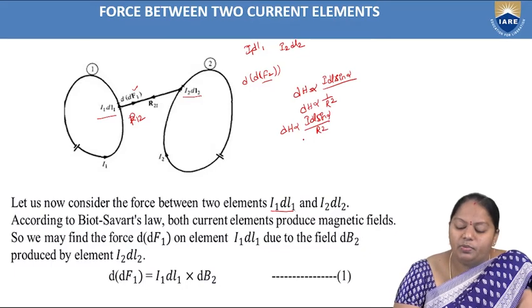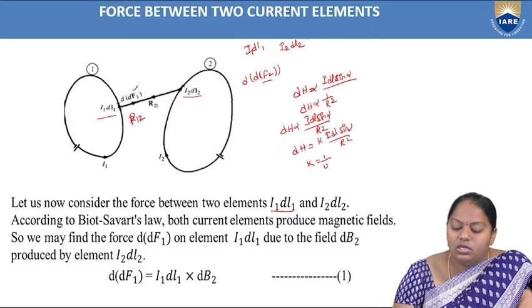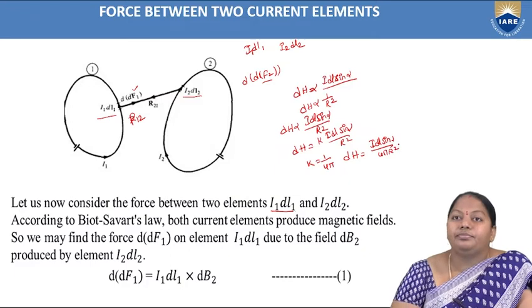If we replace the proportionality constant with the constant k, then dH is equal to k I dl sin alpha by r square. If you replace this k by 1 by 4 pi, then dH is equal to I dl sin alpha by 4 pi r square.